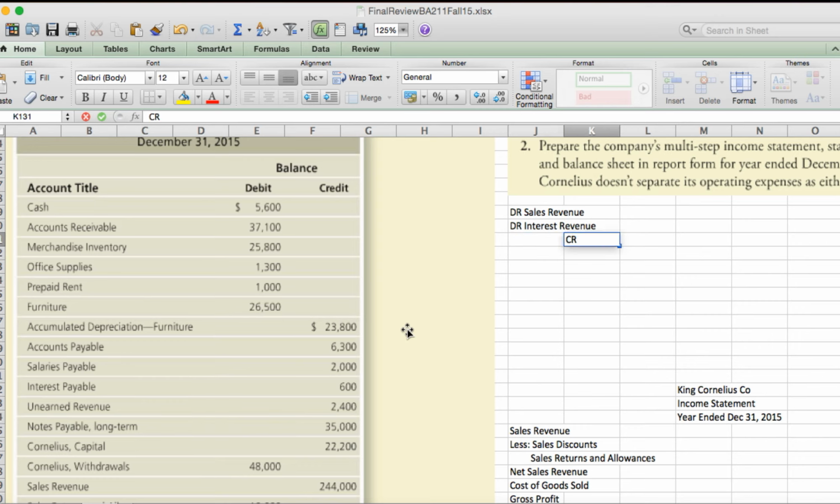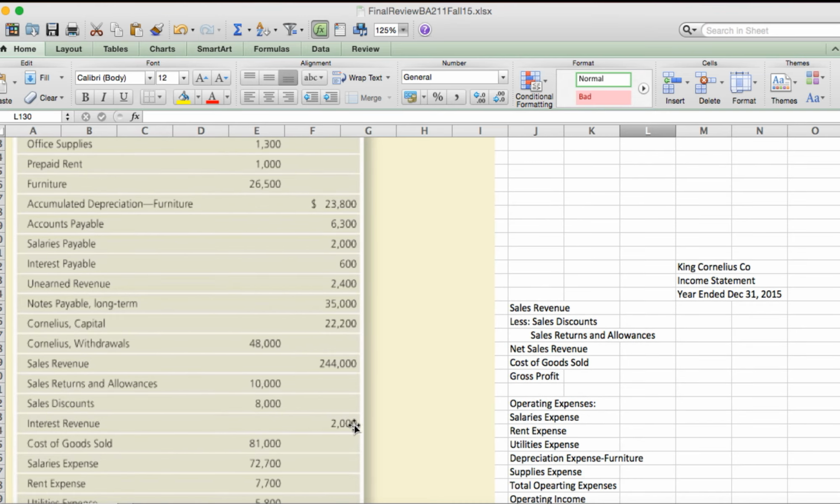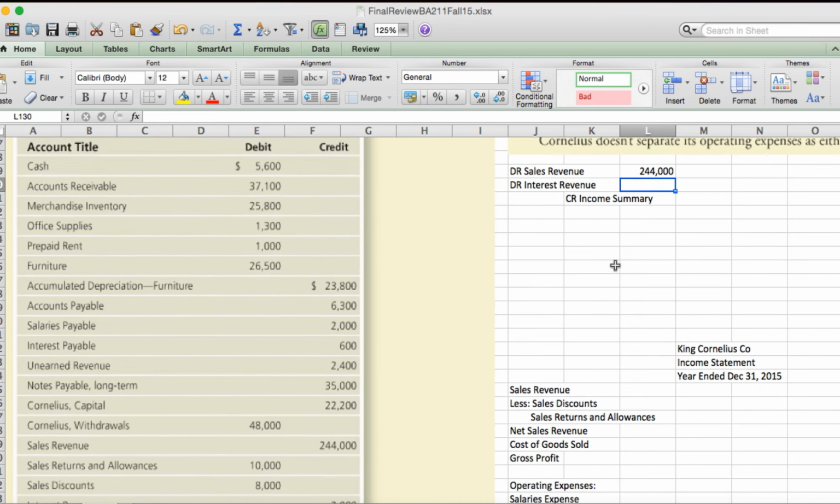And the credit side is going to be to the income summary account. So sales revenue, we just look over at the adjusted trial balance. That's $244,000. Interest revenue, right there, $2,000. Add those two together, and the amount that goes to income summary is $246,000.